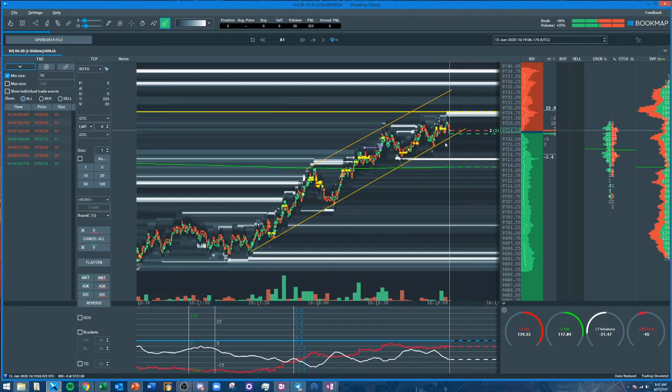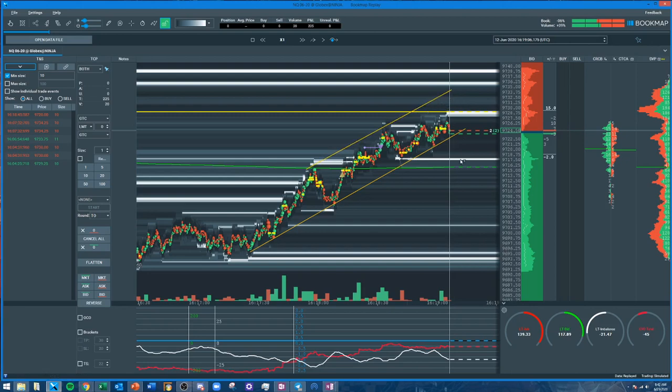But in this instance, since I can't, I'm just drawing it in. Generally, when you have a channel like this, an upper channel, you can use this upper trend line to gauge where your target should be. So, generally, you would want to put your target just inside of this trend line.